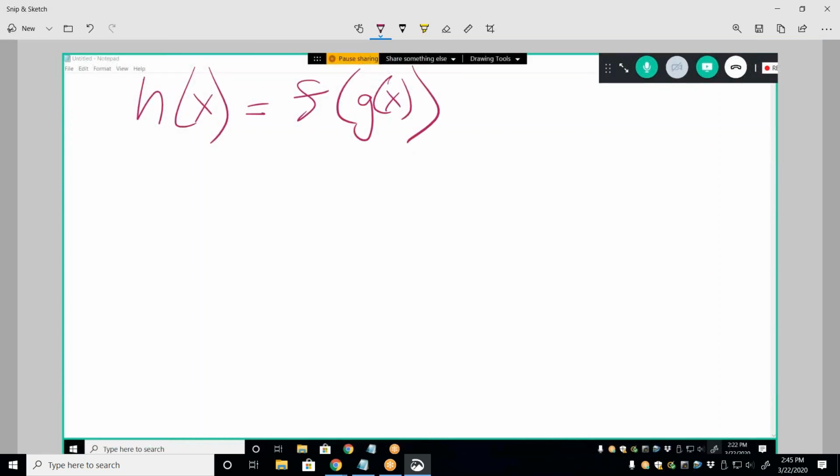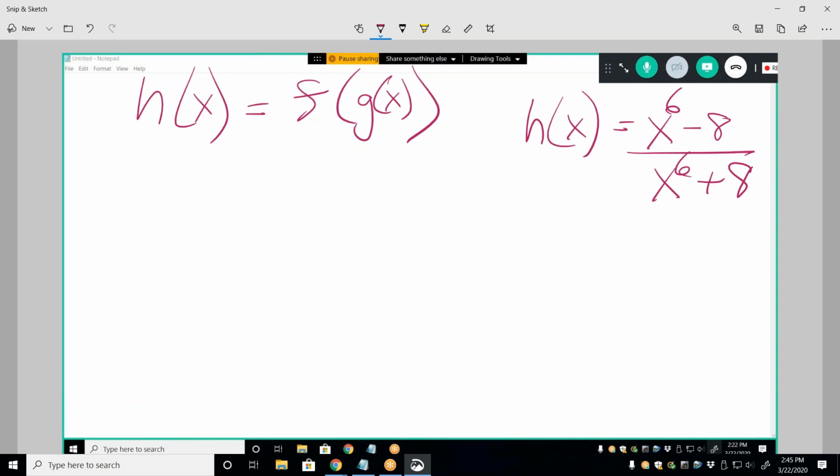What other information do they give us? h of x equals x to the sixth minus 8 over x to the sixth plus 8. Okay, so these take a little bit of trial and error. And I'm not sure I know how to teach that.